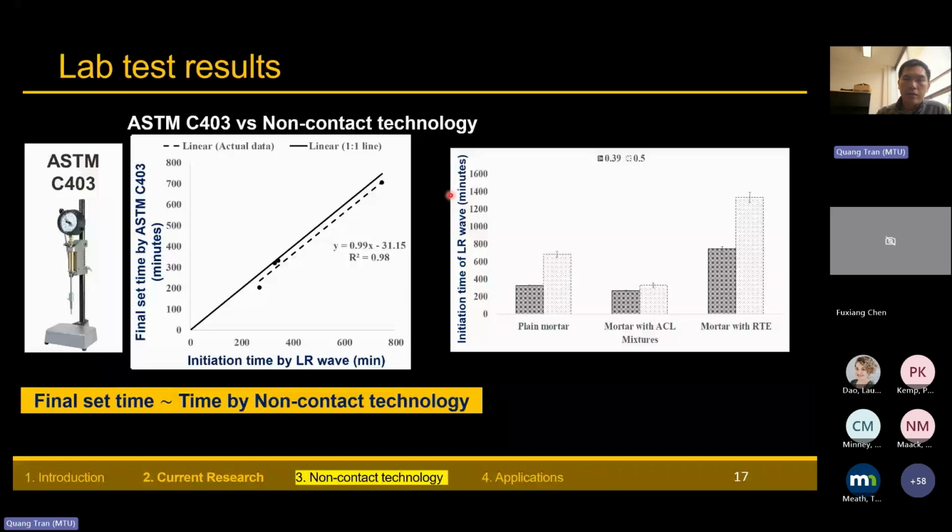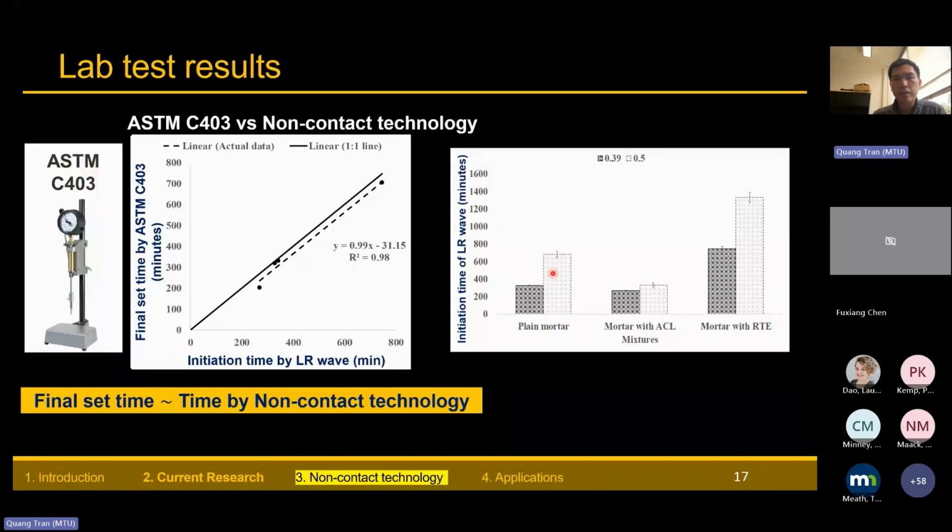Another result is shown on the right figure, where we compare the initial time of the Rayleigh wave varied by the water cement ratio, and also varied by the chemical admixture that we add into the materials. Here in the plain mortar, we have 2 water cement ratios, and as we know, the higher water cement ratio gives a longer setting time, right?